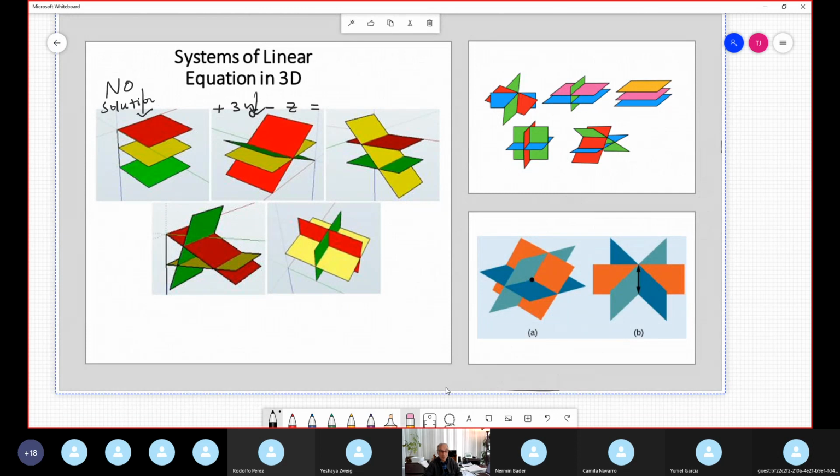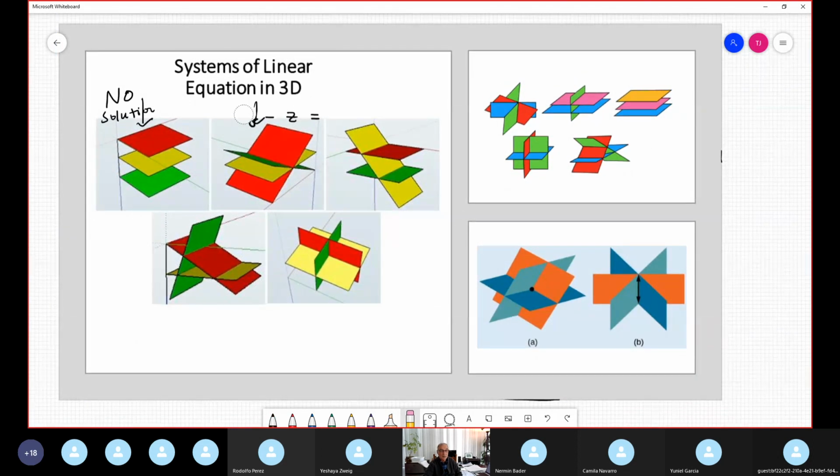All right, let me erase that part. Okay, in the second scenario, solution or no? This one. Solution. But one solution, unique or infinity many? Solution. One solution. Does everyone agree with her? Only one?